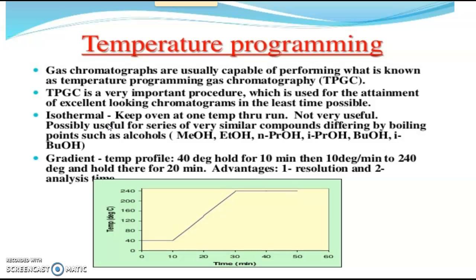Based on the different kinds of molecules, we alter the temperature. For this gradient temperature profile, for example, 40 degrees holds for 10 minutes, then a 10 degree rise per minute to 240 degrees, and hold there for 20 minutes. The advantages are 1, resolution, and 2, analysis time.